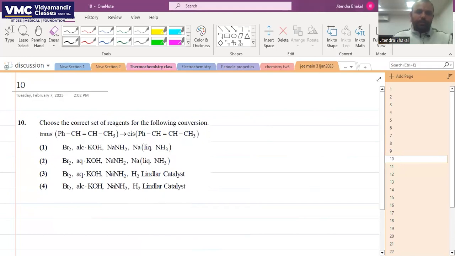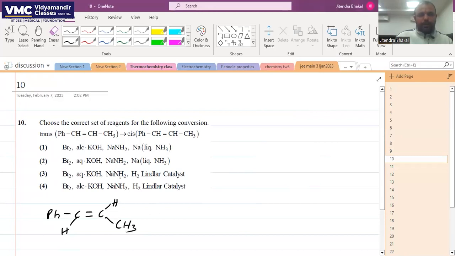Question number 10. Choose the correct set of reagents for the following conversion. We need to convert a trans alkene to a cis alkene. Let me write this: Ph, H double bond C, H and CH3.